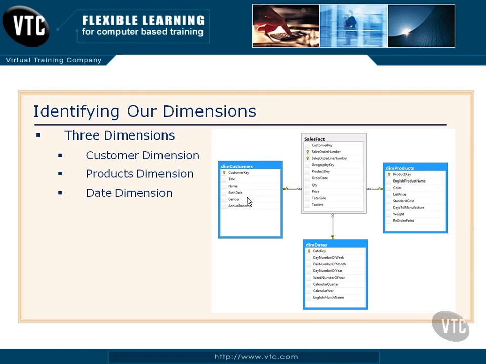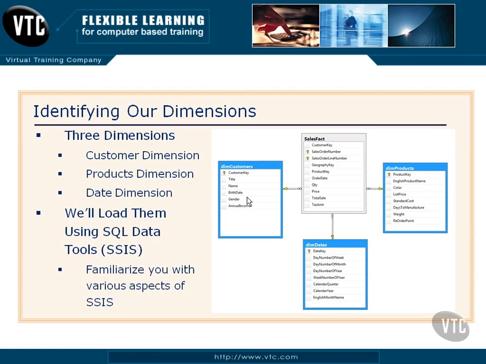But we're going to reach into the data warehouse version to pump that data into our little data mart, because you need to get your head around how to use SQL Server Integration Services. We're going to load these using SSIS and SQL Data Tools, and the point of this is to familiarize you with the various aspects of how you can use Integration Services and some things they're likely to test you on. So our 3 dimensions that we're going to create later on are the customer dimension, products dimension, and date dimension.